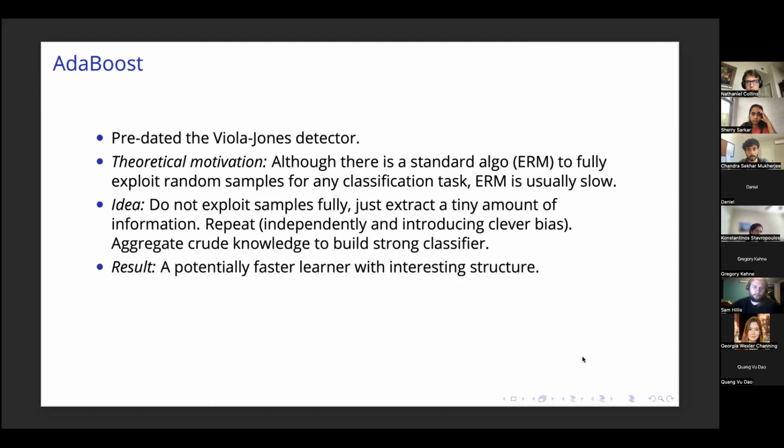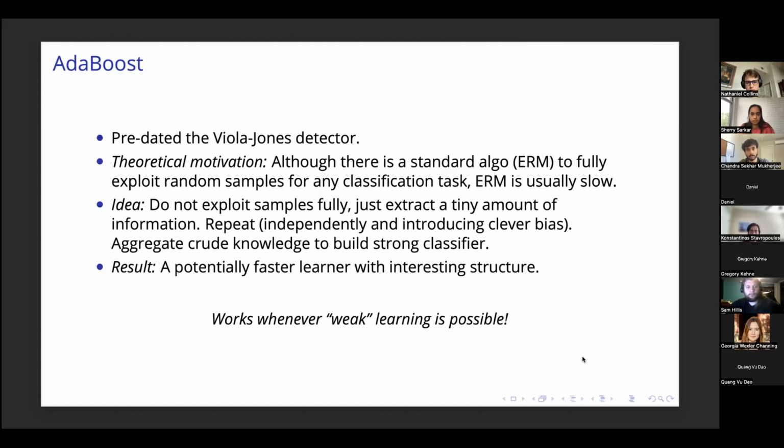So if there is an efficient weak learner, then there is an efficient strong learner, and this reduction is essentially computationally efficient. But all of this referred to the training phase.